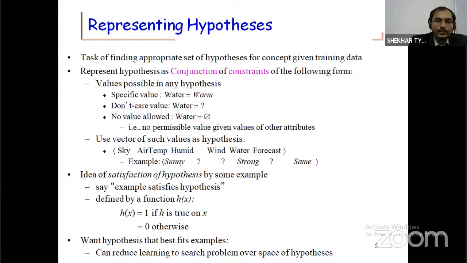But on the other hand, we are also taking some don't care values. Like we are taking a don't care condition for air temperature, for wind, and particularly for water, right? And we are specifying some of the conditions as null values, meaning they have a very limited role, or do not have any significance in deciding the concept and the training concept values. So these are specified with the help of null values, right? So while plotting a version space graph, we will be utilizing three types of values: specific, don't care, and null values.